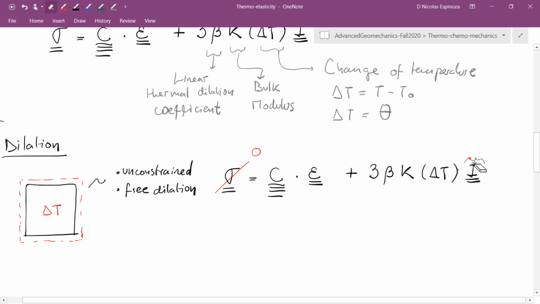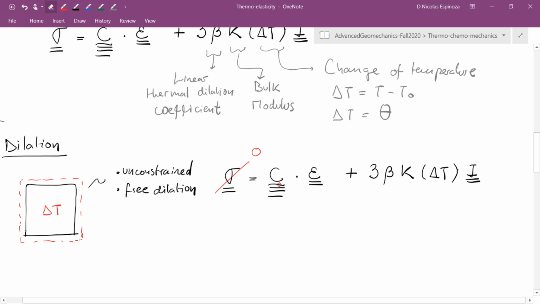Therefore, any strain that is caused by temperature is going to be a function of these material properties together with the stiffness.